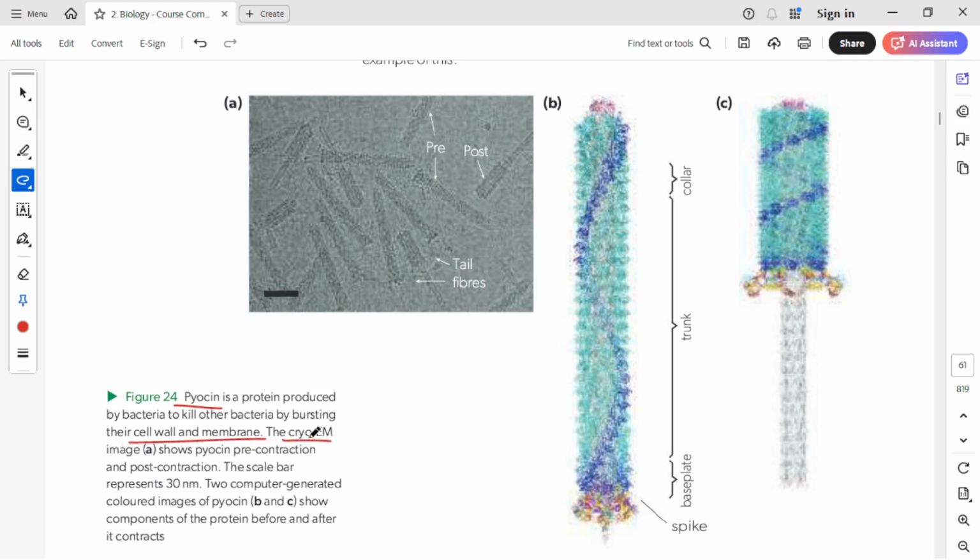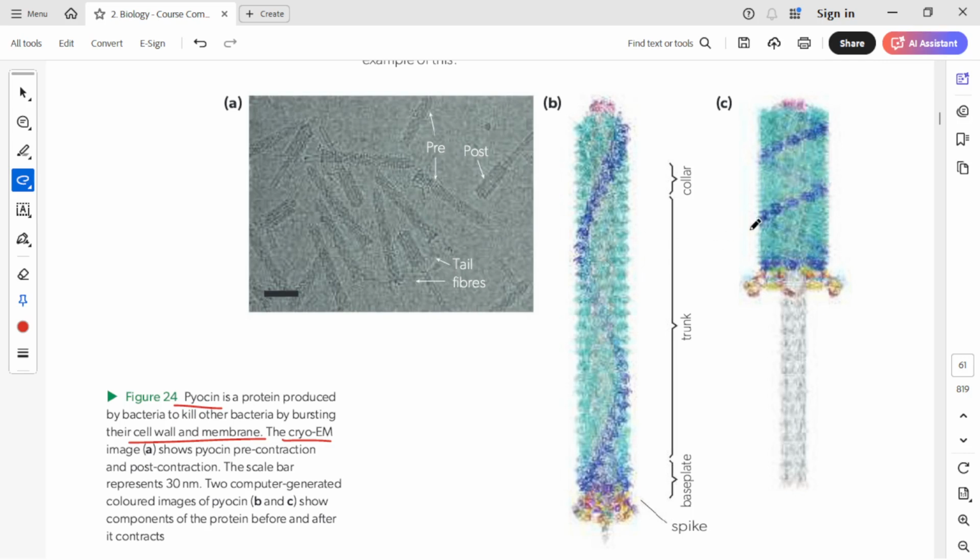Using cryo-electron microscopy, images of pyocin pre-contraction and post-contraction were both captured, because suddenly these proteins were frozen. Certain proteins were in the relaxed state, and certain of them were in the contracted state.